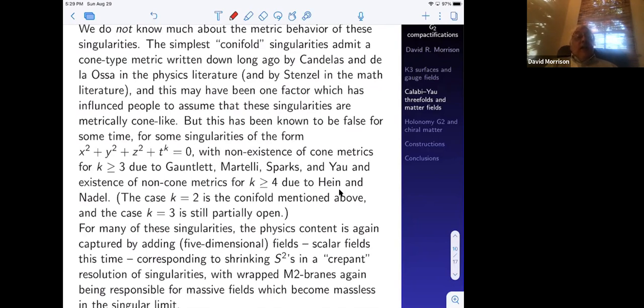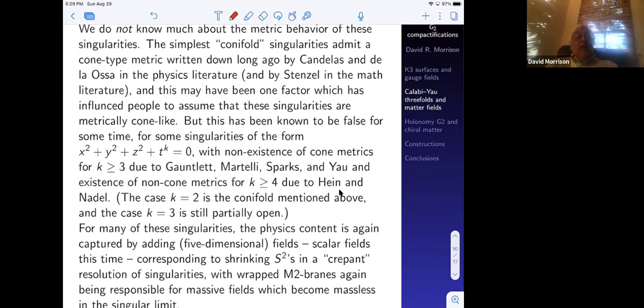I'm giving an example of singularities. In algebraic geometry, I would describe these as x squared plus y squared plus z squared plus t to the k equals 0, with x, y, z, and t complex variables. That's an isolated hypersurface singularity of a threefold. However, there are no Ricci flat cone metrics on that singularity when k is at least 3. That was proved by Gauntlett, Martelli, Sparks, and Yau some time ago.